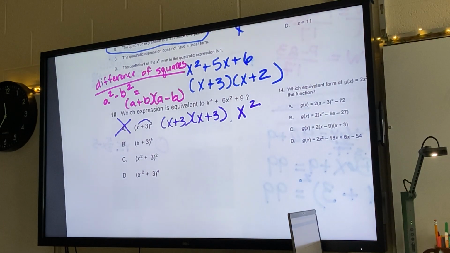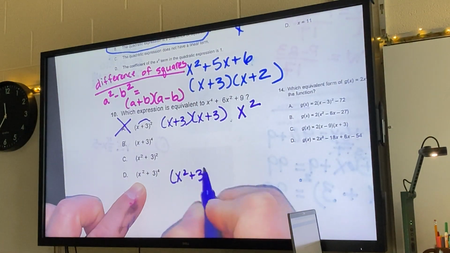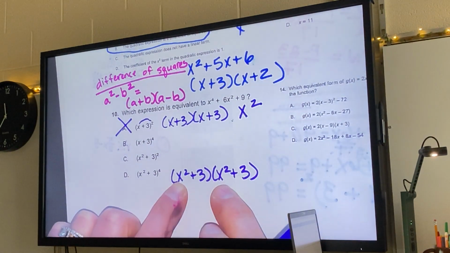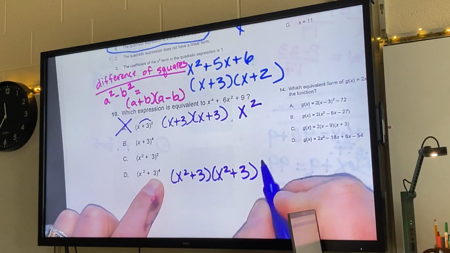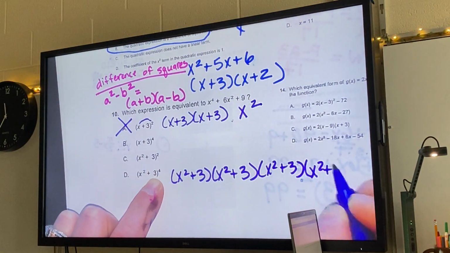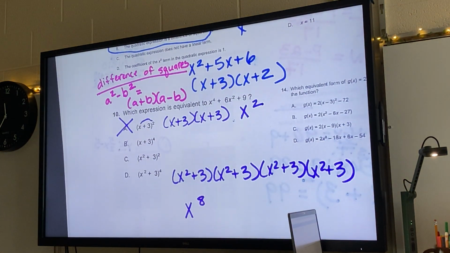D. And that would be if you had x squared plus 3 times x squared plus 3, that would end up being, oh, it's to the 4th, sorry, x squared plus 3 and another x squared plus 3. So that would end up with x to the 8th power. So that's too big.